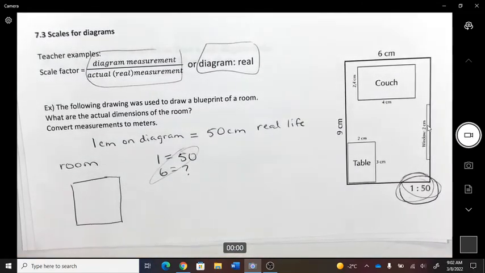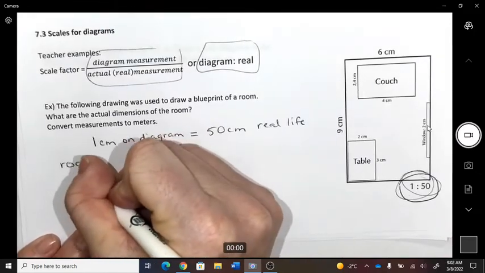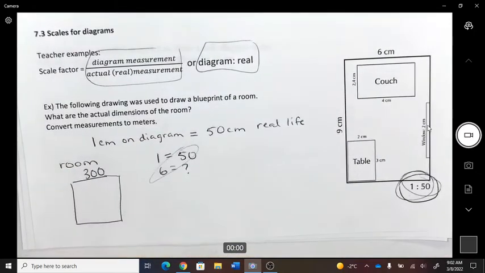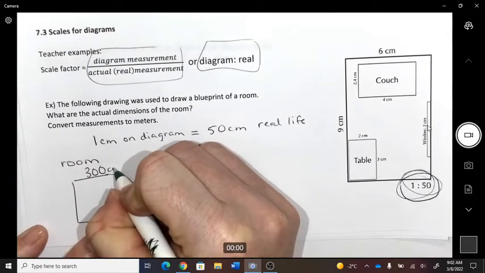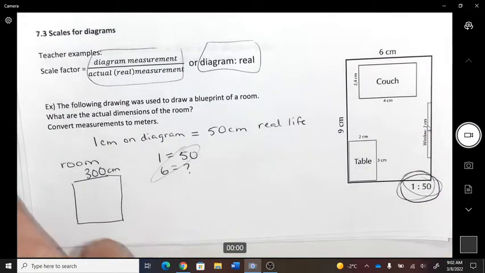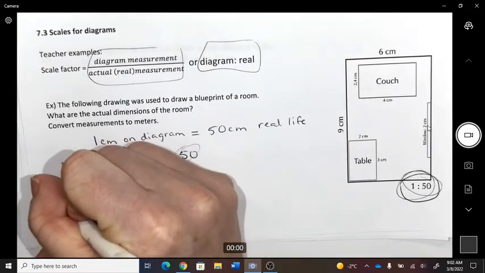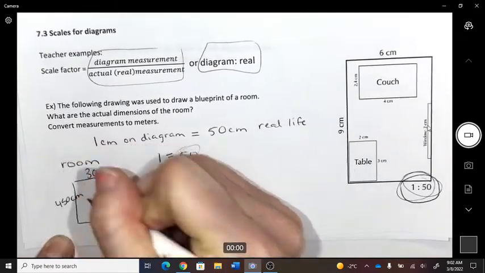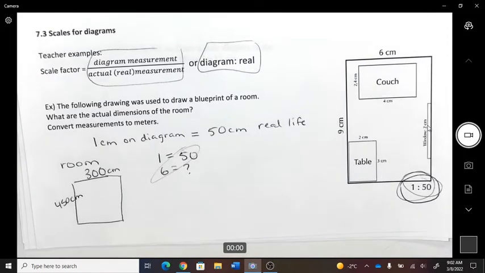So 6 times 50, so 300. And then the other side of the room is 9. So 450. So that's the room.